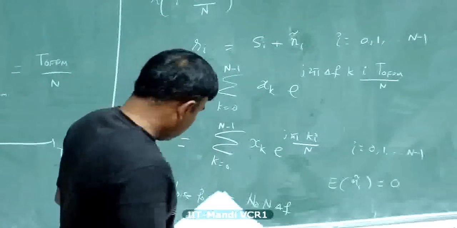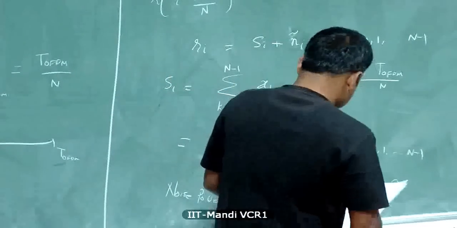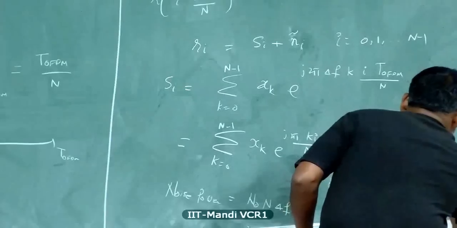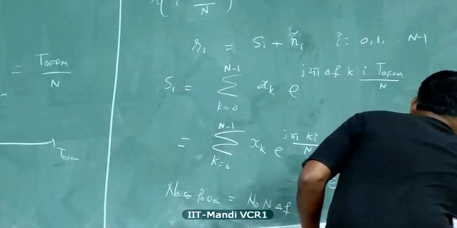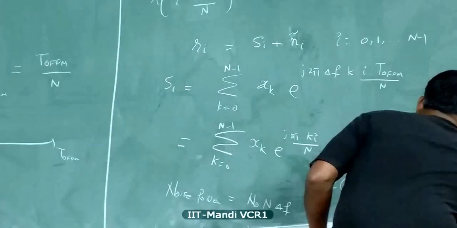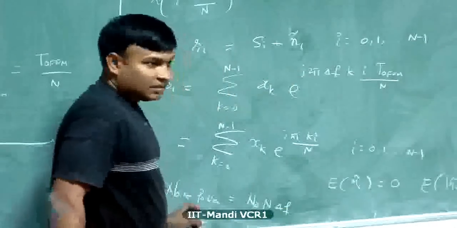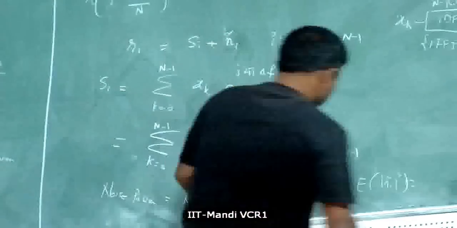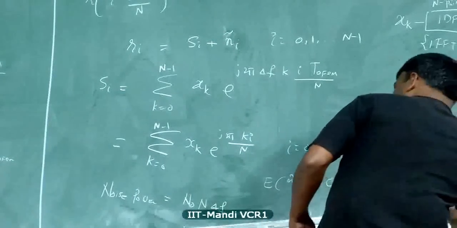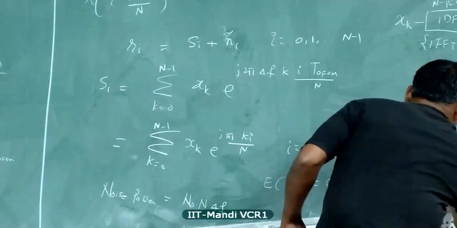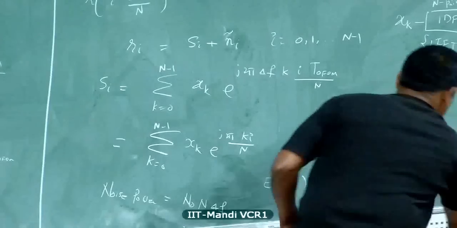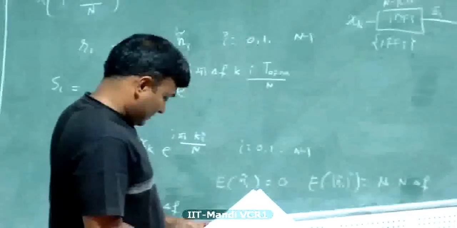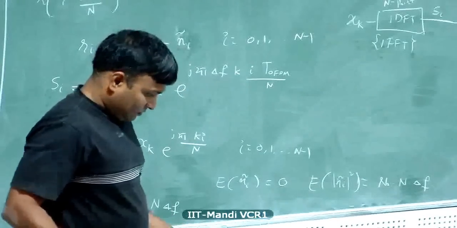So the mean doesn't change. And the variance would be the expected value of the absolute value of N tilde i squared, which is equal to the power contained in the noise process, that is N naught multiplied by N times delta F.